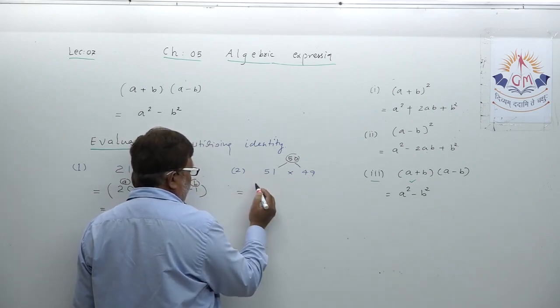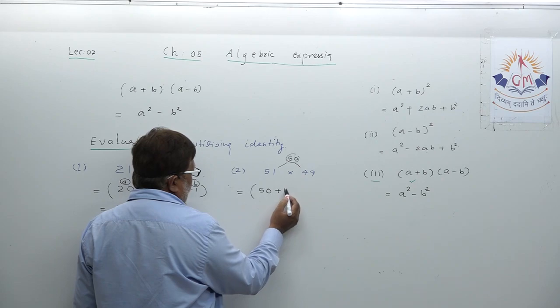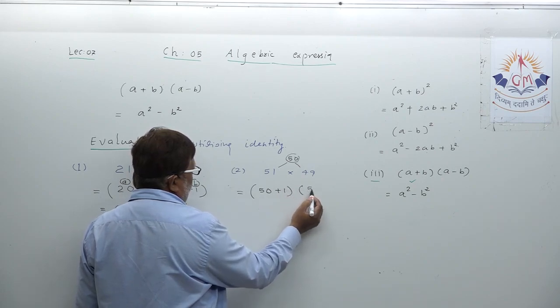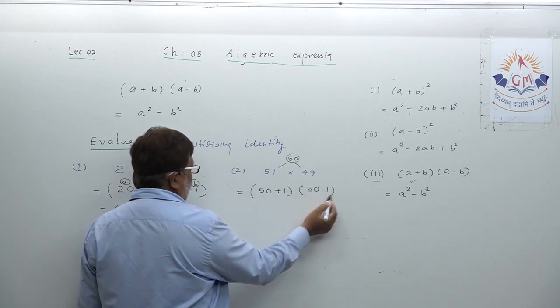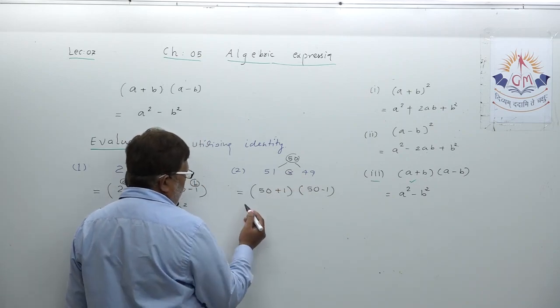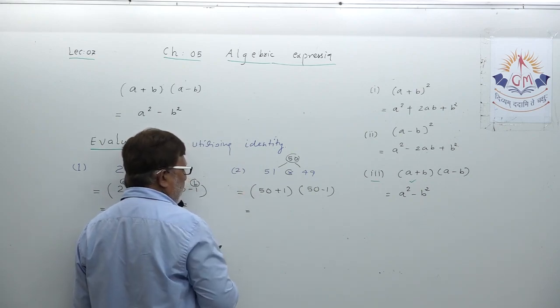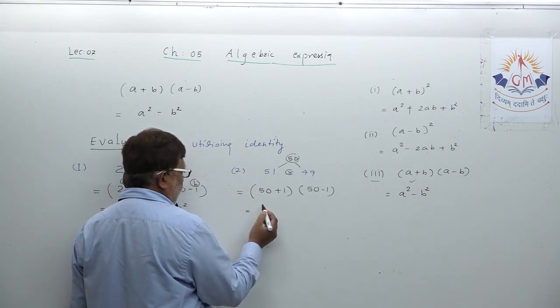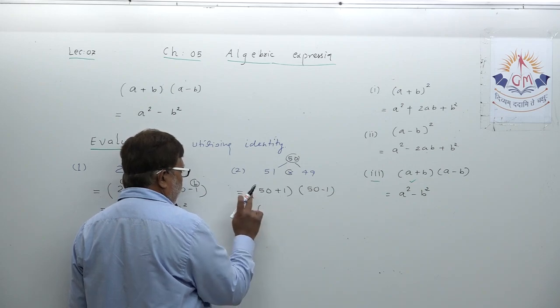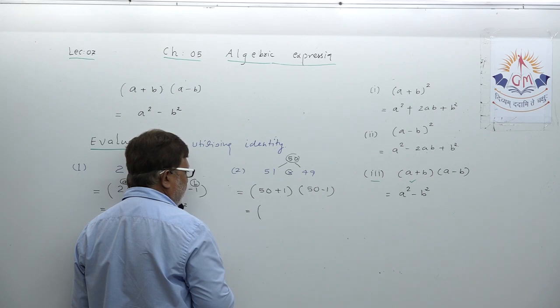I have to write, instead of 51, 50 plus 1, and instead of 49, 50 minus 1. Now it is looking like A plus B and A minus B. What will you consider as A? 50.